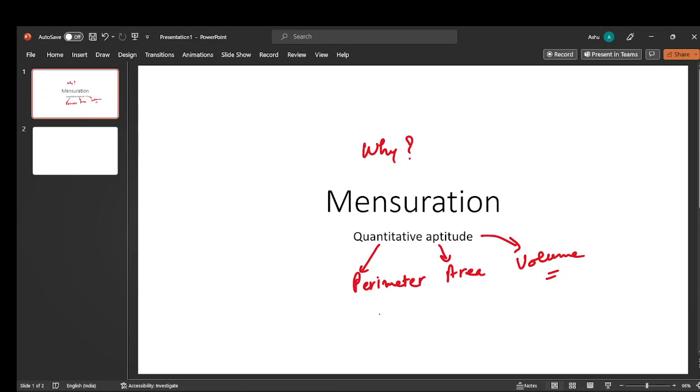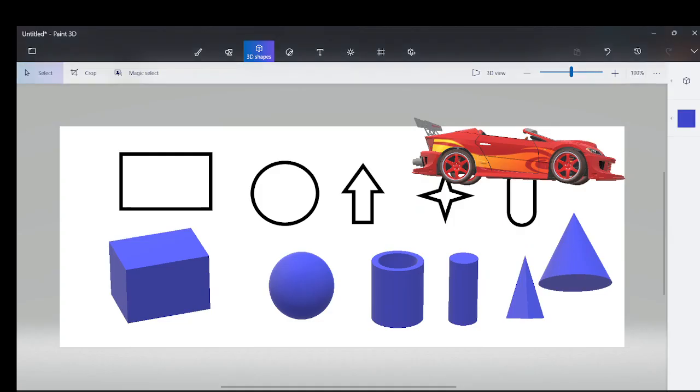That is the first point. Perimeter refers to a distance around the boundary. Look at this figure. Here, this is a rectangle, and suppose this is a table, the upper front part of a rectangular table.